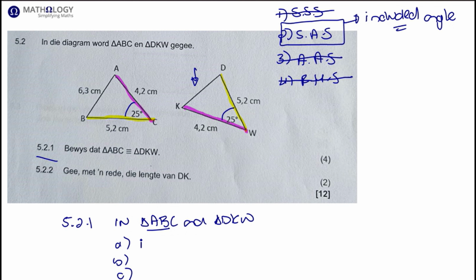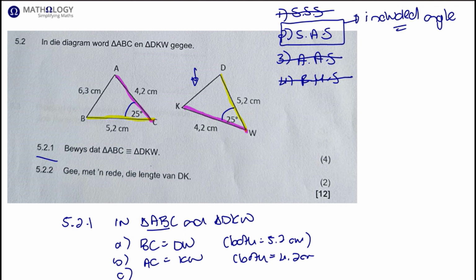So BC equals DW, and the reason is both equal 5.2 centimeters. Then we can say AC equals KW, and the reason is both equal 4.2 centimeters. And then finally angle C equals angle W, and the reason is both equal 25 degrees.